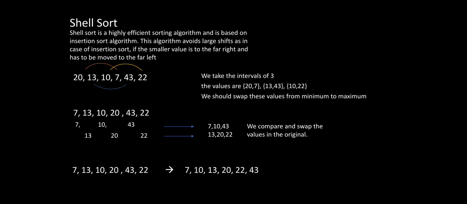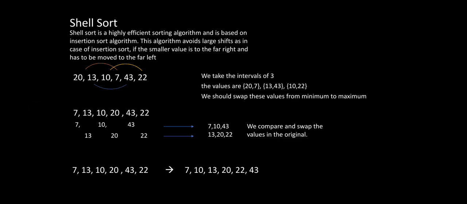So we're gonna compare and swap. We're gonna take the intervals of 1. So here we have 7, 10, 43. We compare and swap the values in the original if required. So in this case, hindi na. So here we're gonna proceed with the insertion sort.